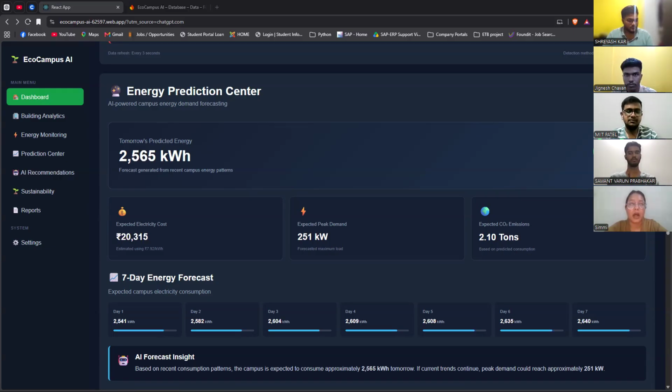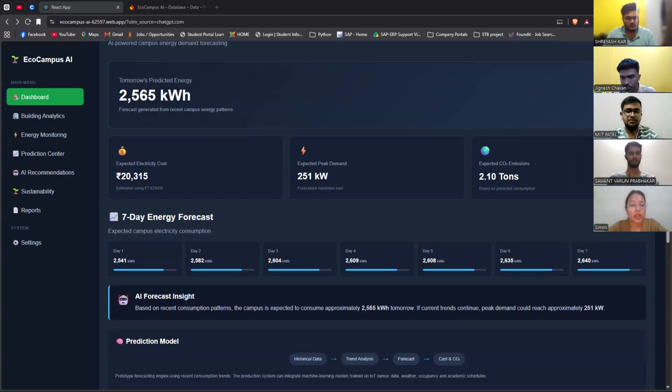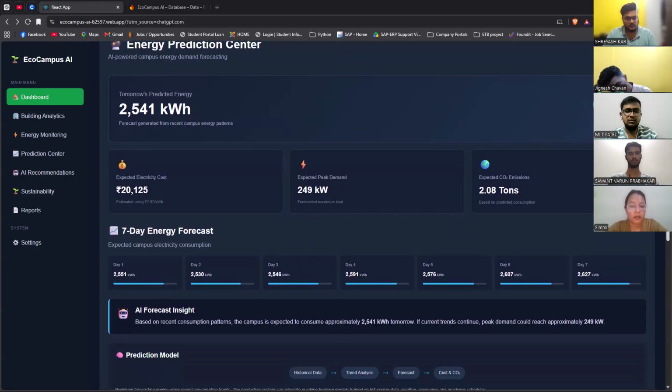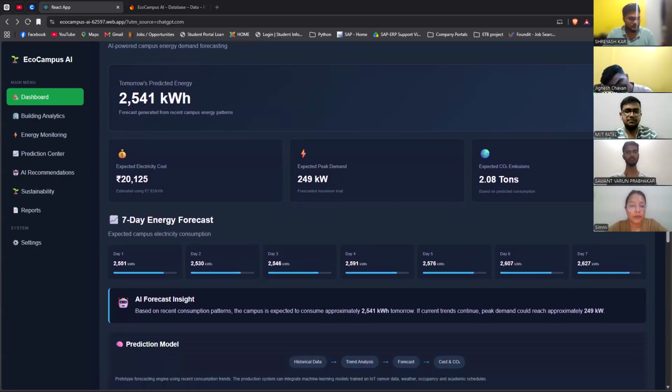In the example shown here, daily predicted consumption is roughly between 2469 and 2565 kilowatt hours. This gives management a forward-looking view. For example, if we predict peak demand is expected to increase, management can plan operational changes before the peak occurring hours.